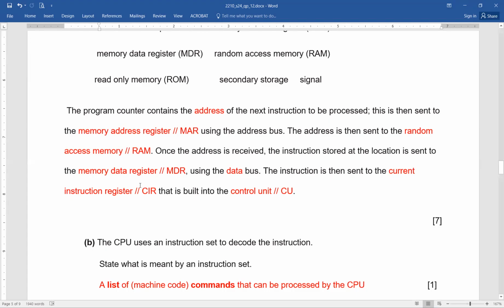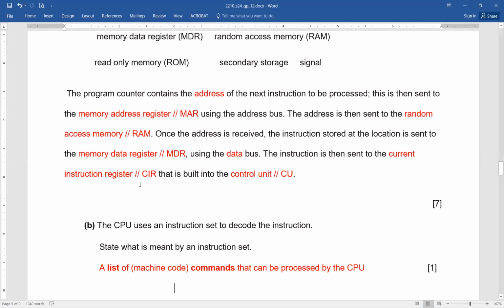So if you have forgotten, maybe in the exam, sometimes it happens that you forget, just be smart to pay attention to the question, and sometimes the answer is written in the question. So what is an instruction set? See, it's so simple. A list of commands, a list of machine code commands, anyone can write down, that can be processed by the CPU. And in this manner, you'll be able to score 1 mark.